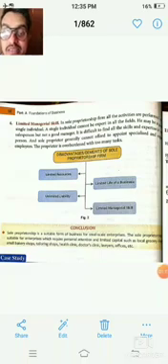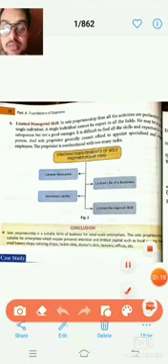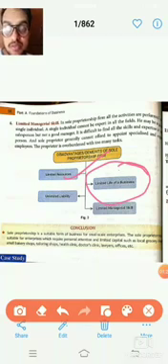Also the disadvantages. Like as I told you, there is only one single person who brings all the money, so the resources always remain limited, and the life of the business is also limited because business and the sole proprietor, both of them, don't enjoy any separate legal entity. They are the same. If the businessman dies, business comes to an end. The liability remains unlimited.